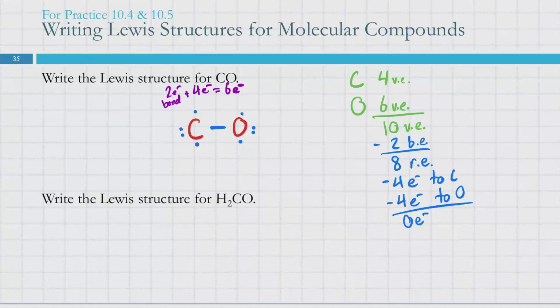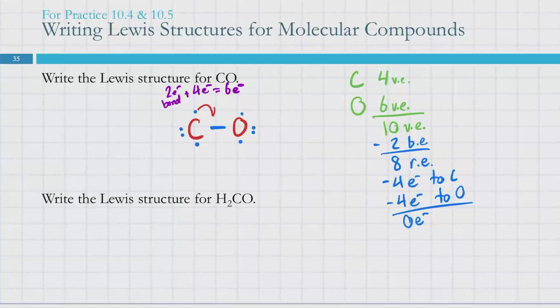Is that good? No, not good, right? We want how many? We want 8. We've got 6, we want 8. We've placed all of our electrons. How can we get more electrons? Sharing. So we need to share some electrons.